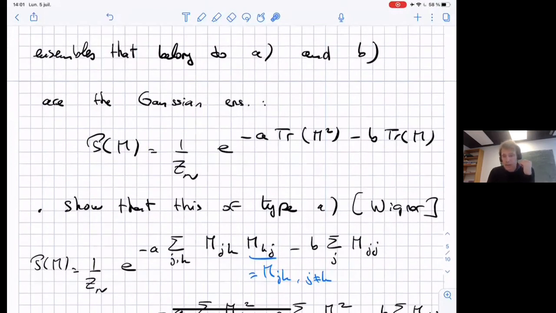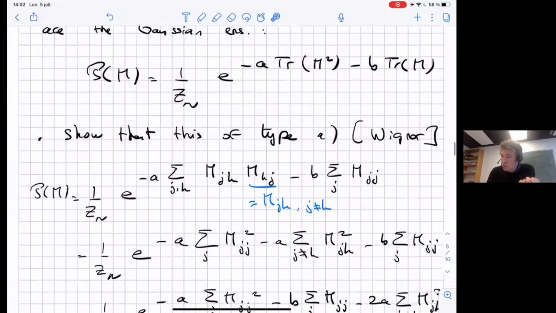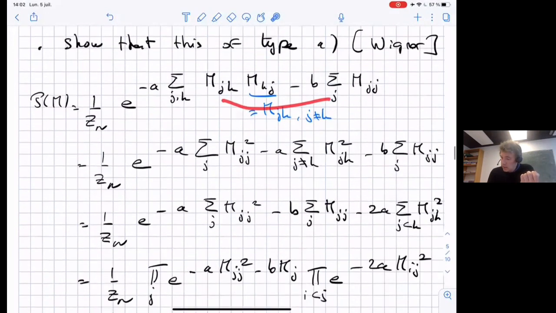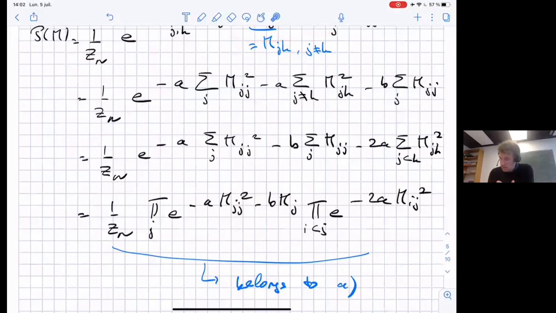What is less clear is that these matrices, which define a rotationally invariant ensemble, are also real symmetric and of the Wigner type. That's what I showed in this computation: if you write what the weight is, at the end of the day this is equivalent to defining the probability measure of M in terms of the matrix elements, and the distributions of the matrix elements are written here. Notice there is a small misprint here. Did I answer your question, Ramgopal?